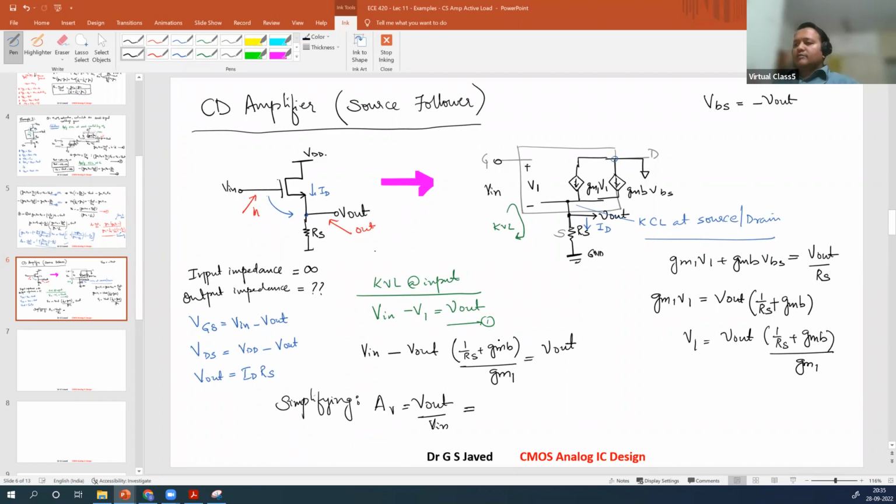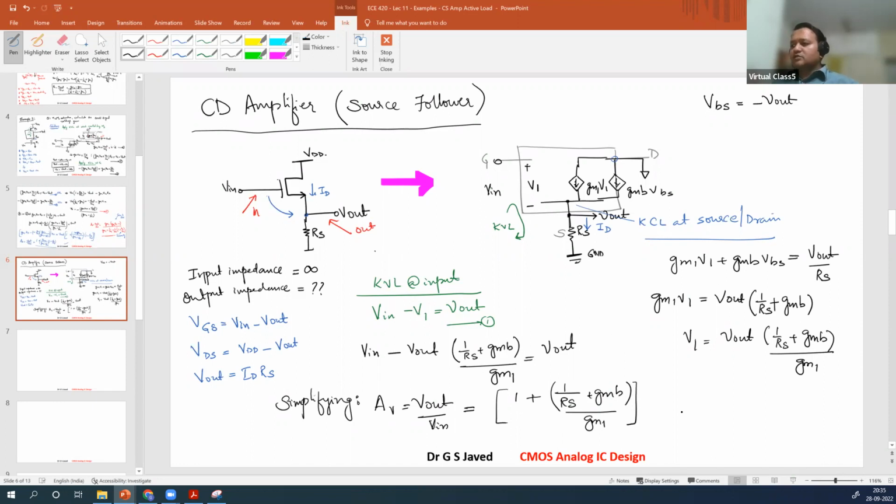what is Vout by Vin? Vin will be Vout times (1 plus (1 by RS plus gmb) over gm1), right?